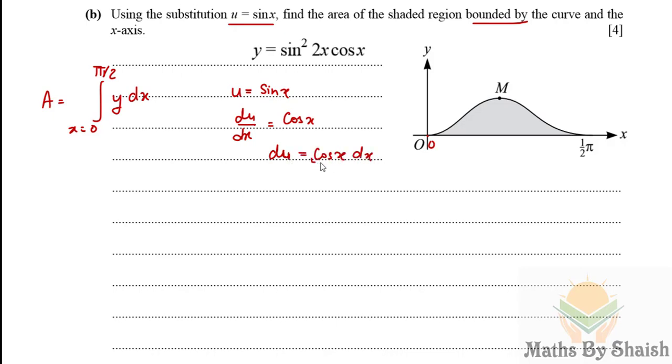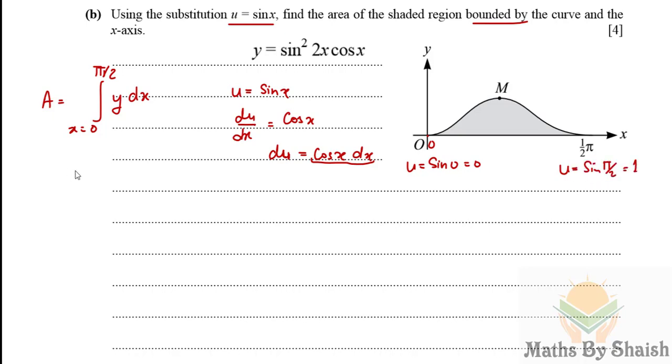So we got one value to replace cos x. Wherever we get cos x dx, we can substitute it by du. And when x is 0, u is going to be sine 0, which is 0. And when x is pi by 2, u is going to be sine pi by 2, that is 1.